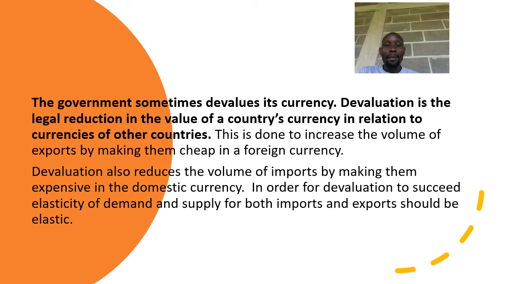So what's the purpose of currency devaluation? Currency devaluation is used to promote exports of a given country since it makes them cheaper, and then it discourages imports since it makes imports expensive to the nationals, as we are going to see in the example.